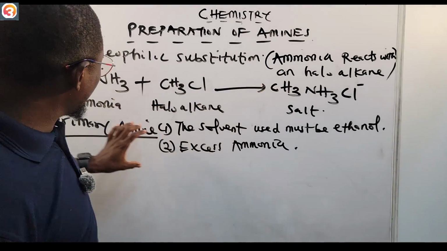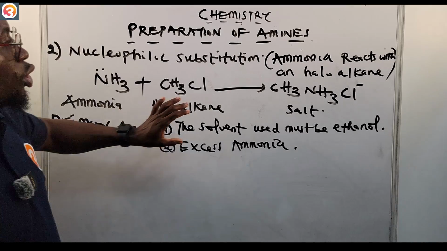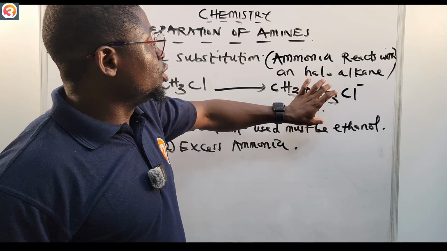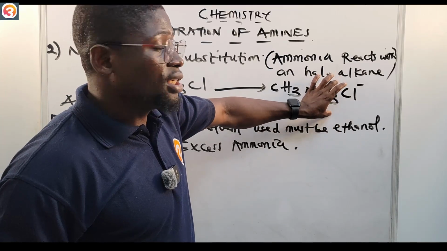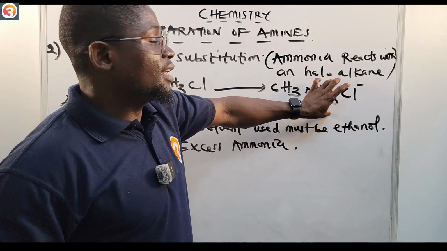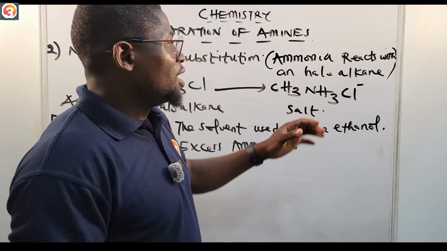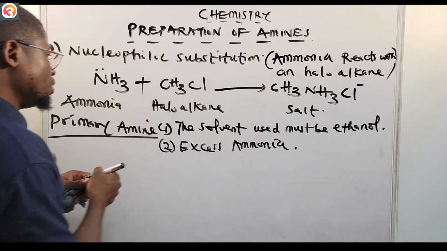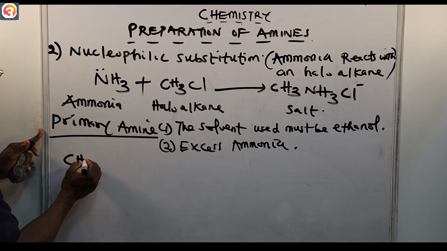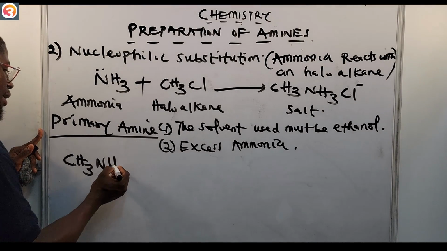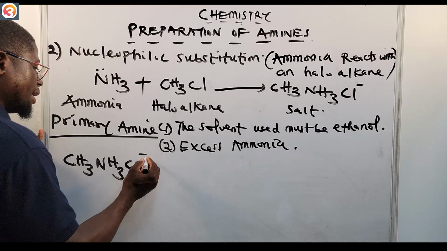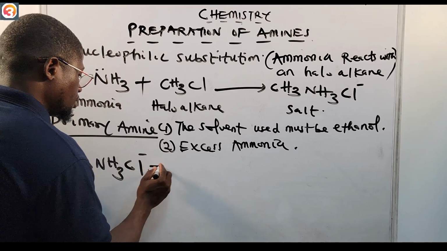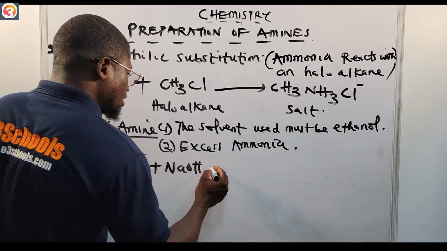For us to get our primary amine, what we do is react this salt with concentrated sodium hydroxide. When we react CH3NH3Cl, this salt, with concentrated sodium hydroxide, it will release back to us our primary amine. So we take that salt, CH3NH3+ Cl-, and react it with NaOH, our sodium hydroxide.